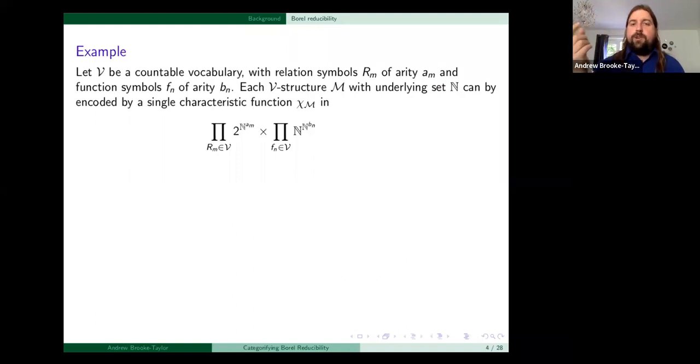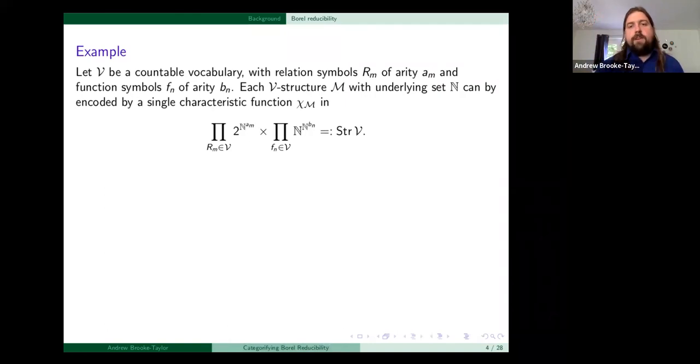For each A_m tuple of natural numbers, you say yes or no whether it's in the relation. So R_m is encoded by this R_m component of 2 to the N to the A_m. And similarly for the functions, if you've got B_n tuples from the naturals to the naturals, that is just a function. So this is basically copies of the Cantor space product with copies of the Baire space. And so in particular, these are your very standard examples of Polish spaces.